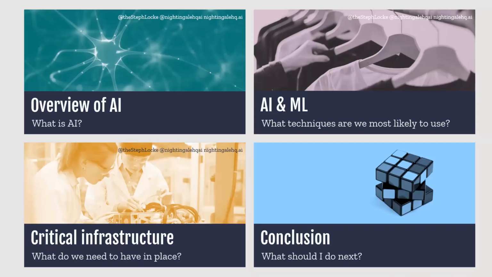So as I said, today is drilling into some more of the technical aspects of AI and machine learning and some of the things that you'll need to put in place if you start leveraging artificial intelligence and machine learning, primarily in the space of building your own bespoke solutions.